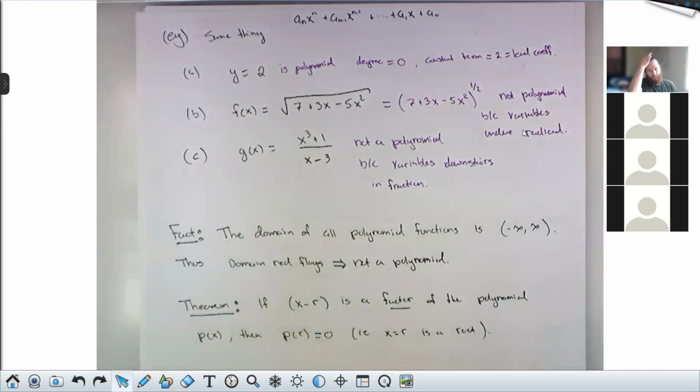So this is an important theorem. It says that if you know a factor of a polynomial, then automatically you know a root of that polynomial. And remember, root is just a fancy word for x-intercept.